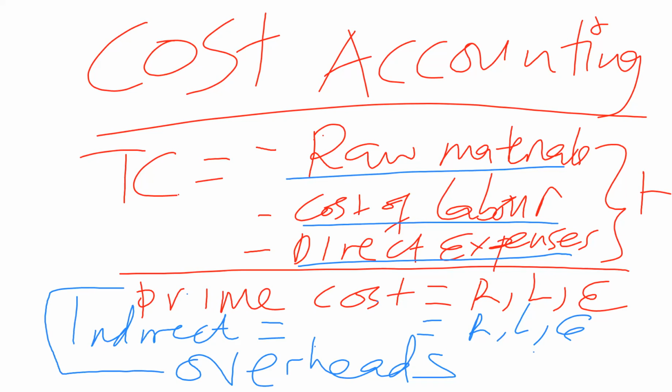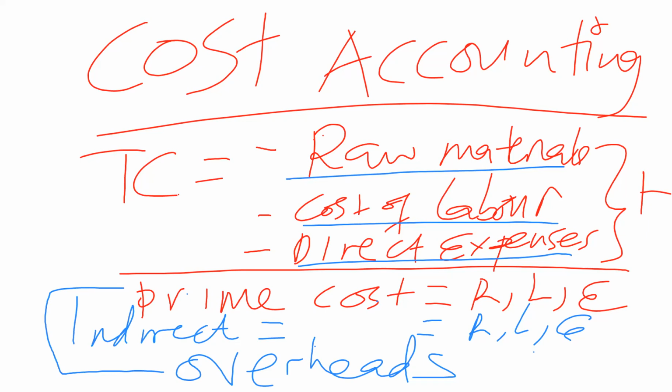Then the indirect ones are those that you cannot directly attribute, and all the indirect costs, that is to say, the indirect raw materials cost, the indirect labor cost, the indirect expenses, they form what you call the overheads. And therefore, overheads is the collective term that is used to refer to the indirect costs. Whereas the prime cost is the collective term referring to all the direct costs.